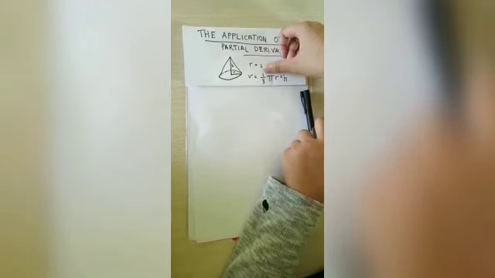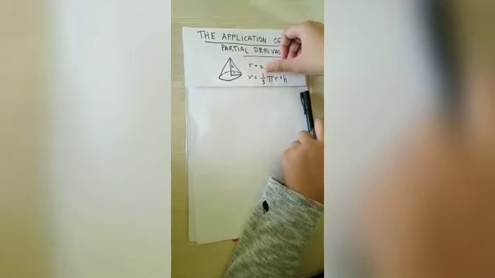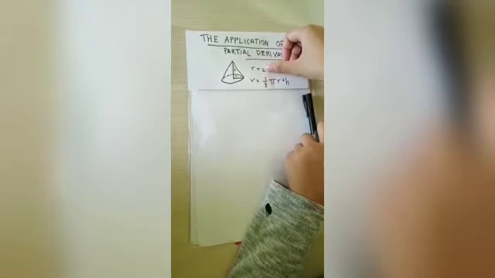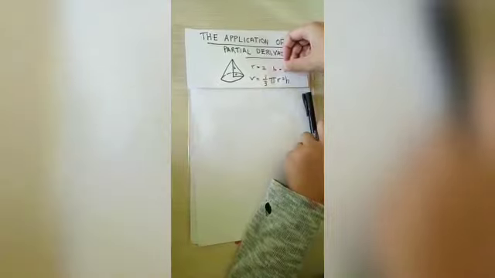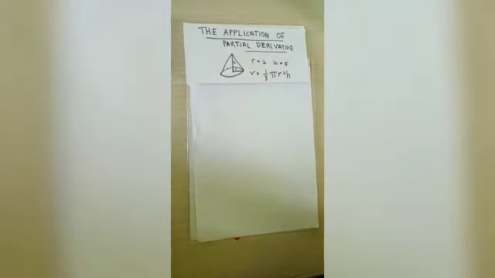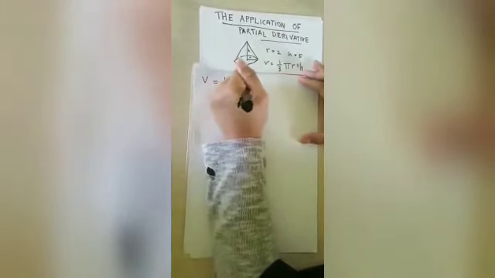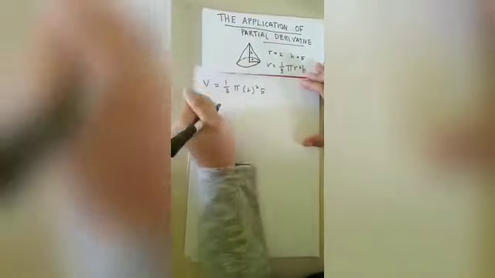So now we have to calculate the volume. We put the radius and height values into the formula: 1 over 3 pi 2 squared times 5.